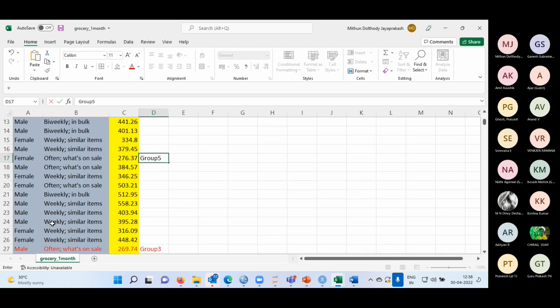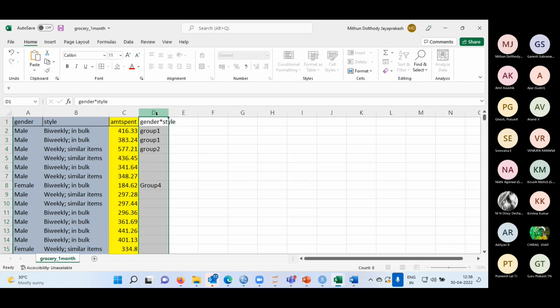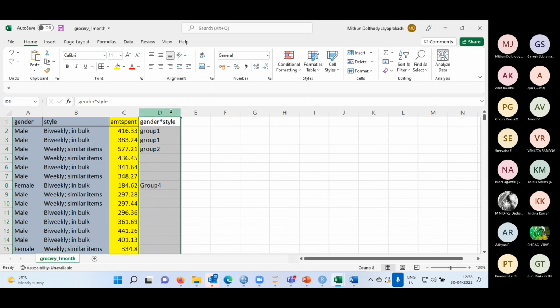Females who shop often, this is considered as group 6. So it is generating a new column when we say interaction effect. And then we are checking whether this column is having an impact on the dependent variable or not. Though it is not displaying, this is the meaning of interaction effect. It is 2 categories versus 3, which means group 1, group 2, group 3, group 4, group 5, group 6. So that is what we mean when we say interaction effect.